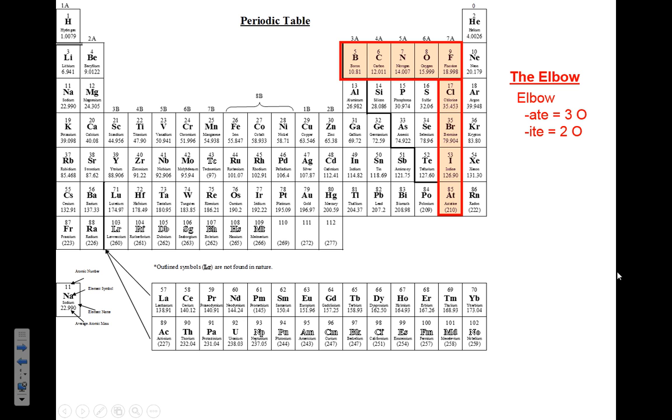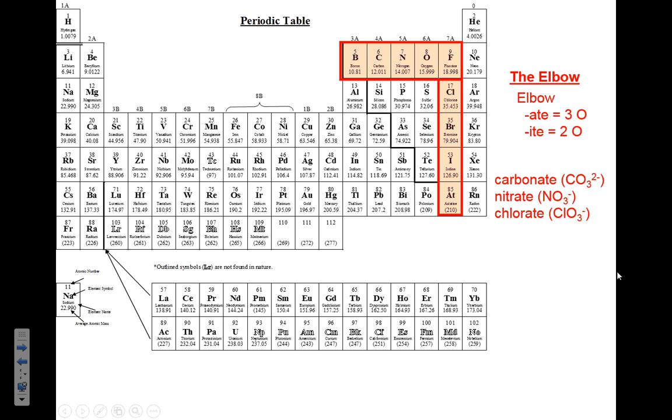Now, anything in the elbow, when you put it together with oxygen to make an oxyanion, the -ate version of the ion will always have 3 oxygens, and therefore the -ite version would have 1 less, which would be 2 oxygens. So anytime I try and put together anything from this elbow, because it looks like my arm bent here, and I'm making an oxyanion, I know the -ates are always going to have 3 oxygens, and the -ites are always going to have 2.